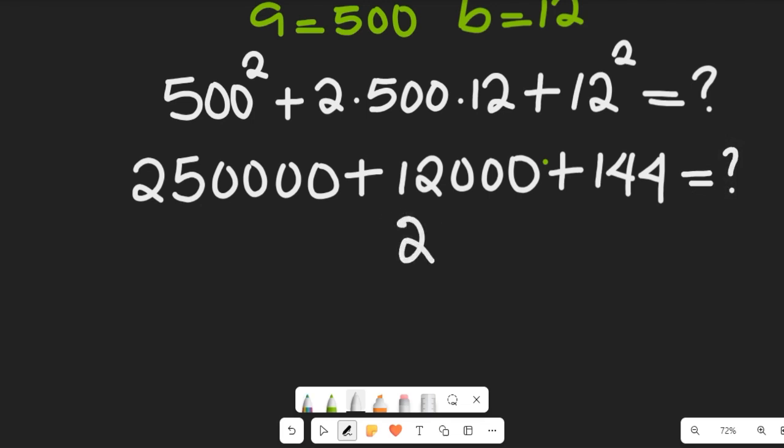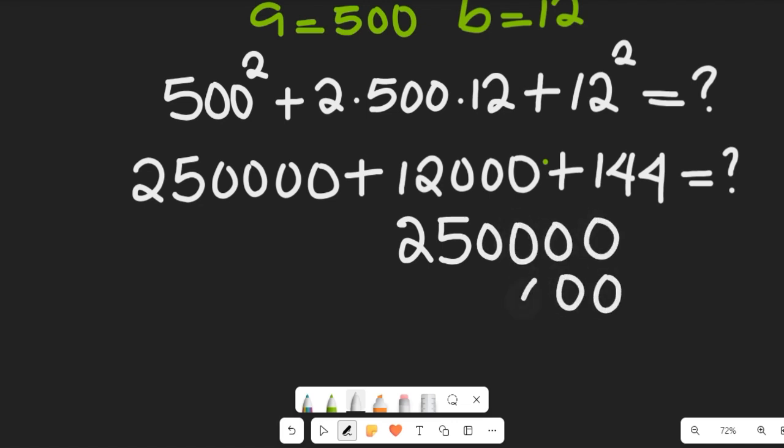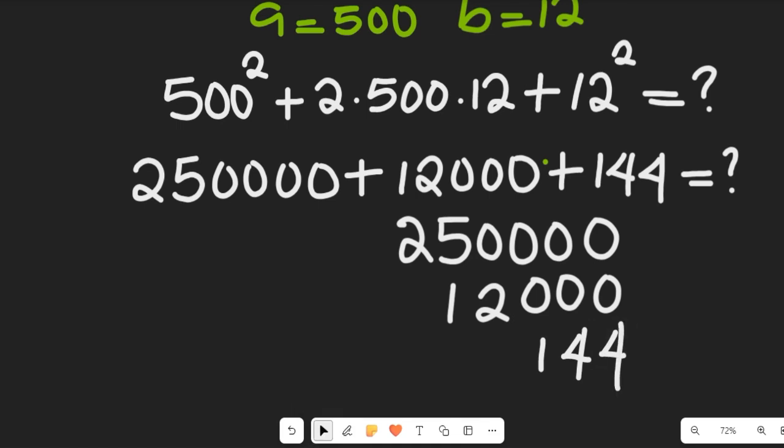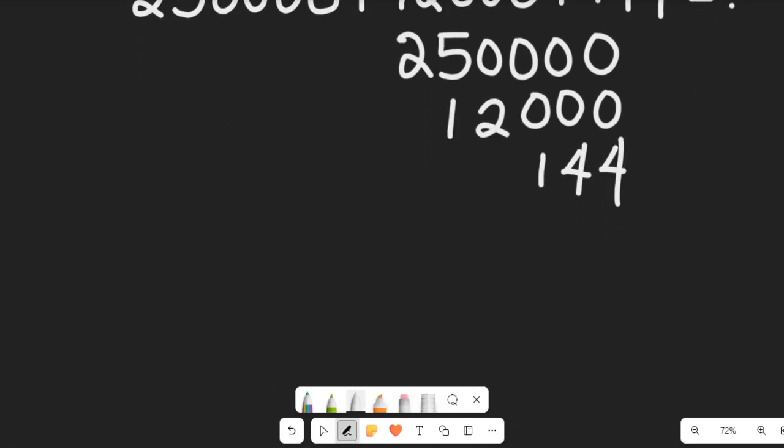So I have 250,000 plus 12,000 plus 144. Now, when I sum up all this, what will my solution be?